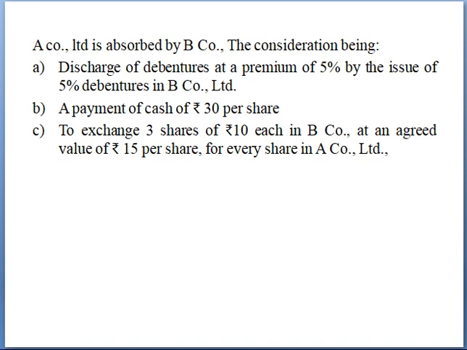And for the total number of shares you have to calculate. And next, what is the share value? The share value is 10 rupees, which is the face value, but it is agreed, and the agreed value is rupees 15 per share, which means the market value is 15 rupees. Always you have to do the calculation for the market value.